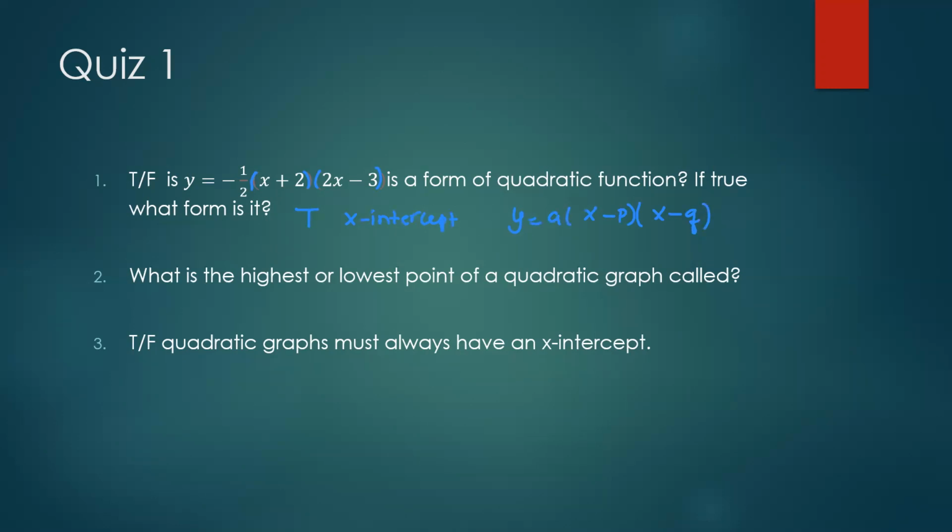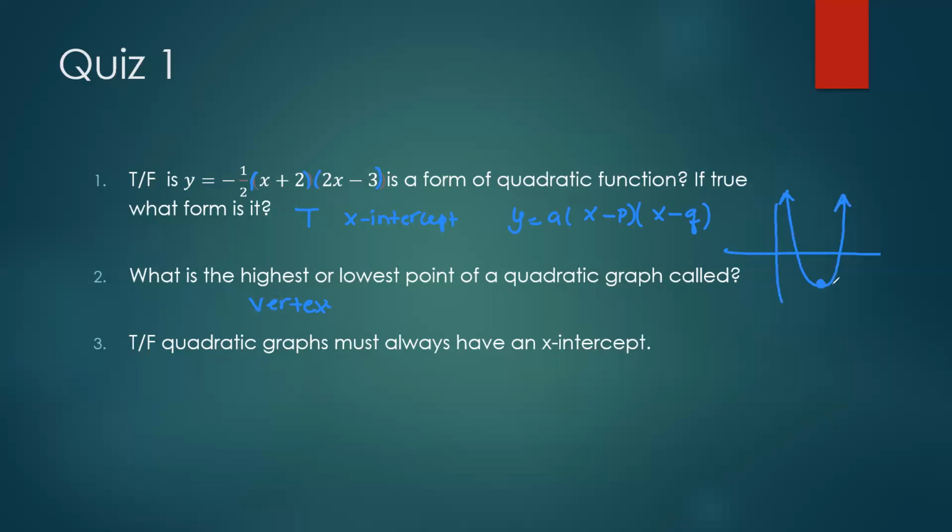Number 2 is, what is the highest or lowest point of a quadratic graph called? The answer would be vertex, right? So if you recall, sometimes a graph can be concave up like this.